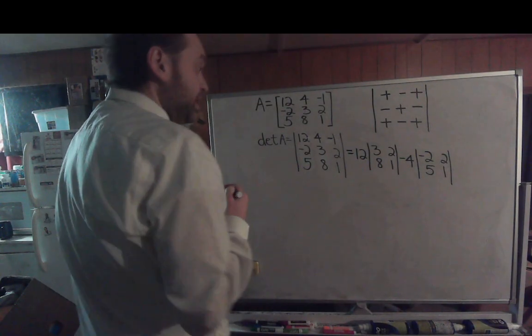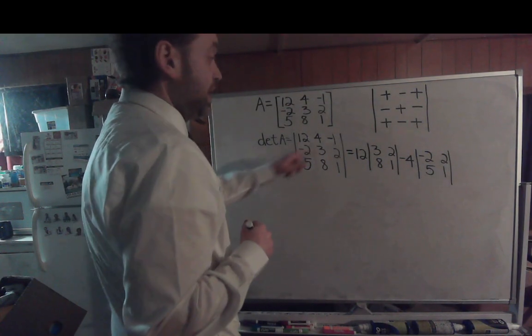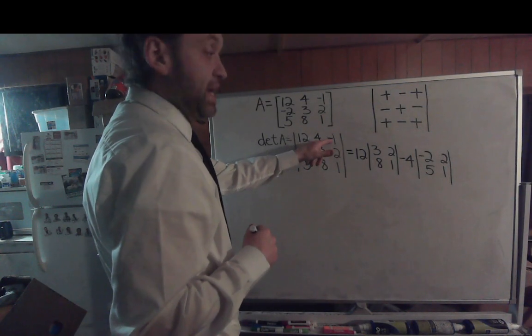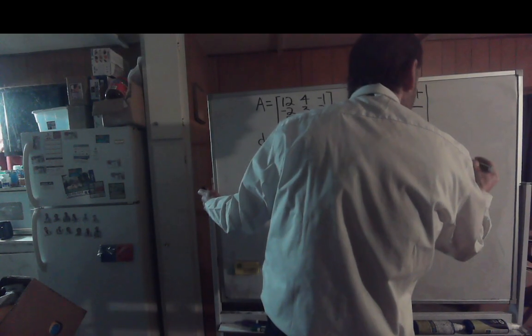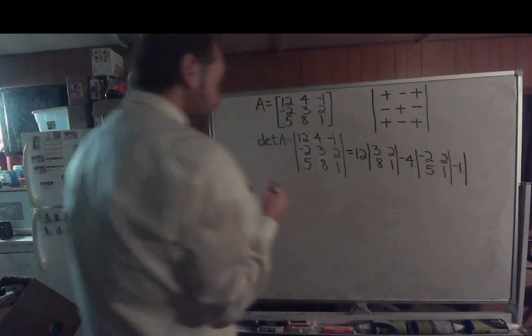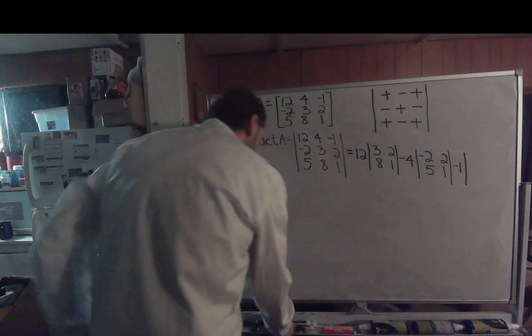Alright, so then the last number in the first row is -1. And according to the sign matrix, you would have a positive. So positive -1 is still -1 times the determinant of whatever's left over.